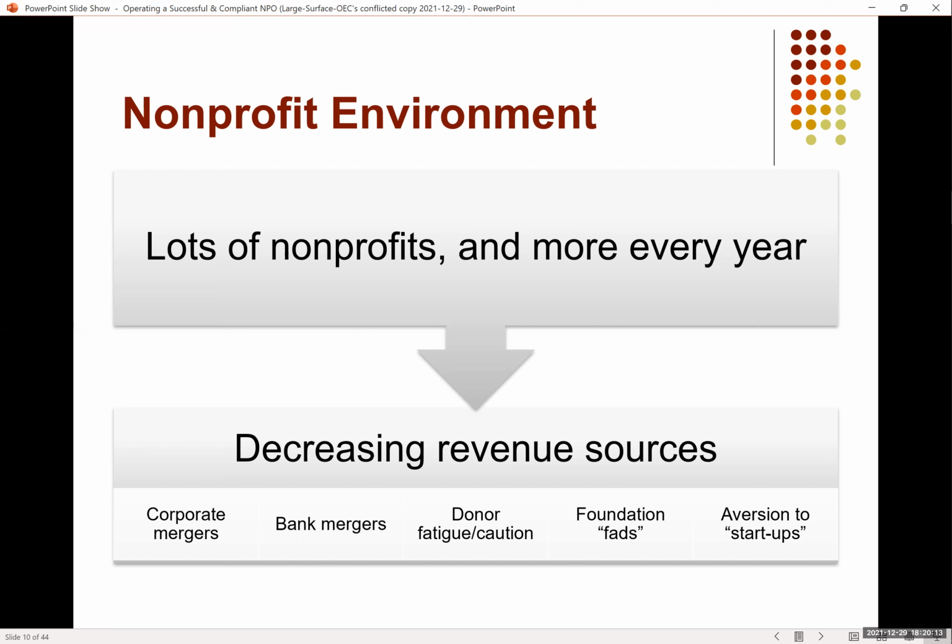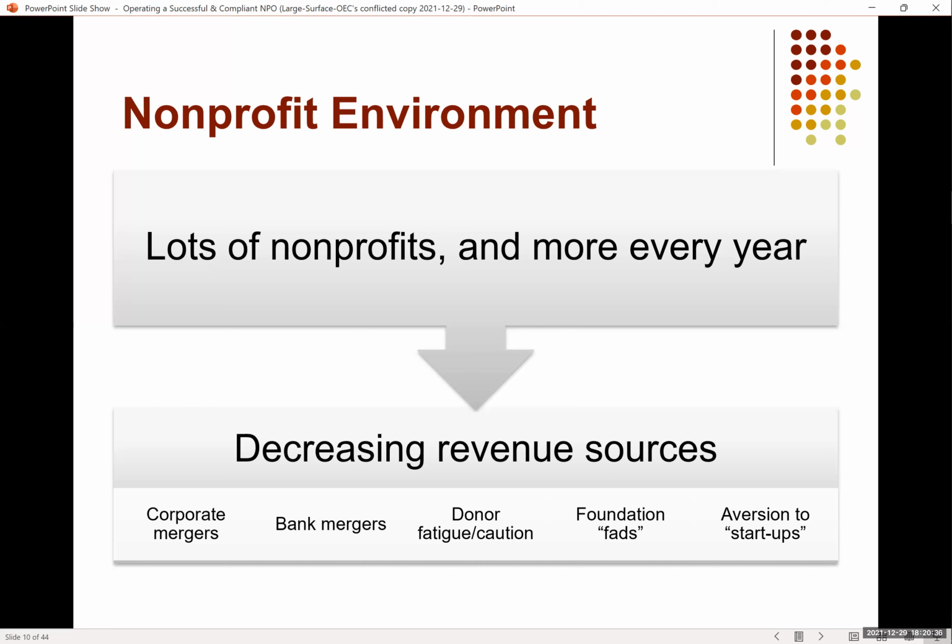Donor fatigue. I mean, right now, COVID has changed how I can give money, and I had to tell people I can't support you at this time. Foundation fads. I won't call this a fad, but what happened with a lot of foundations when COVID arrived, they shifted their priorities to COVID issues.